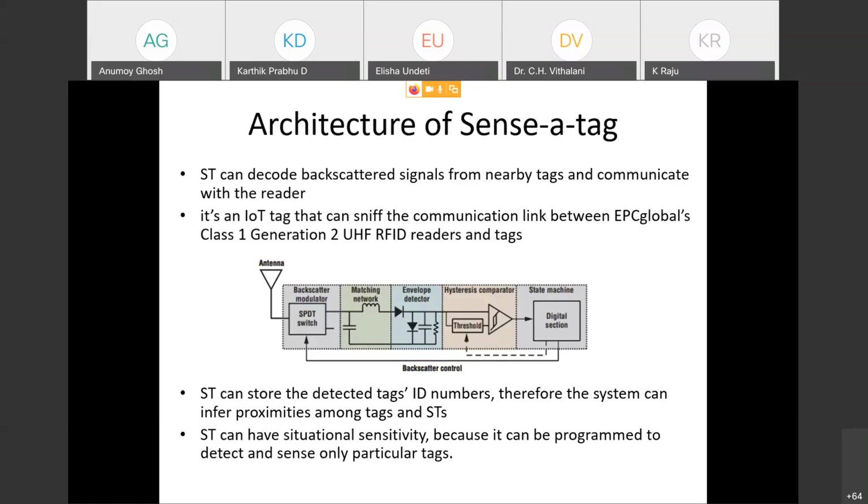Proximal means how much proximal. If it is too dangerous, then it should be automatic override. If I'm going into a proximity range, then I will be alerted, then manually I will move my car away. So this distinct division should be there. That is why this digital section is over there with the state machine.